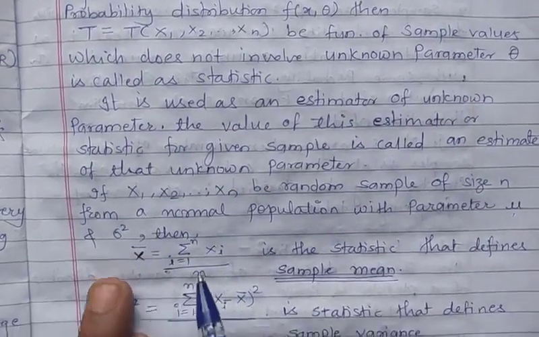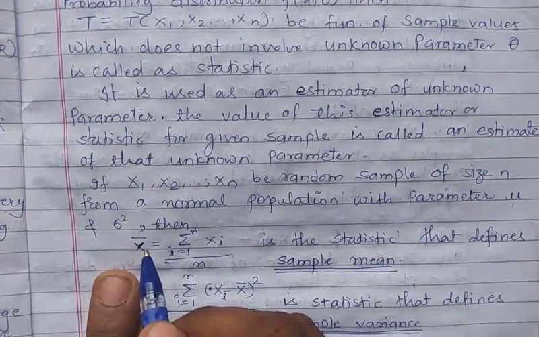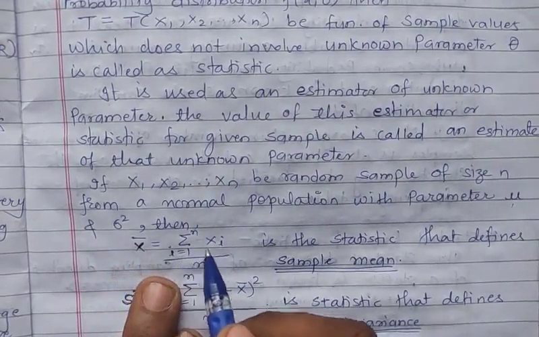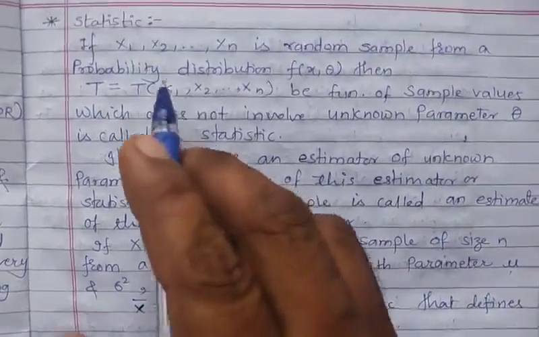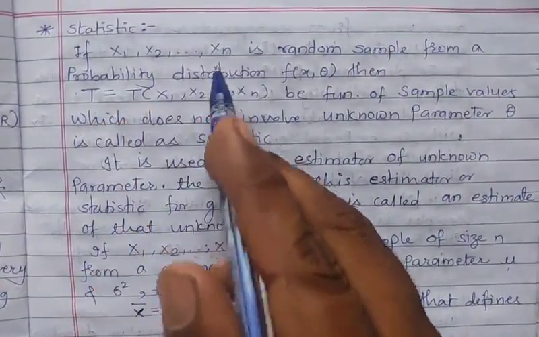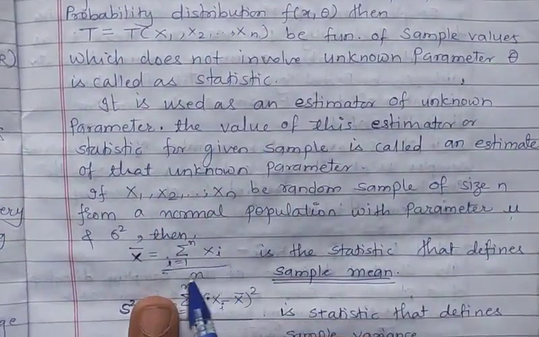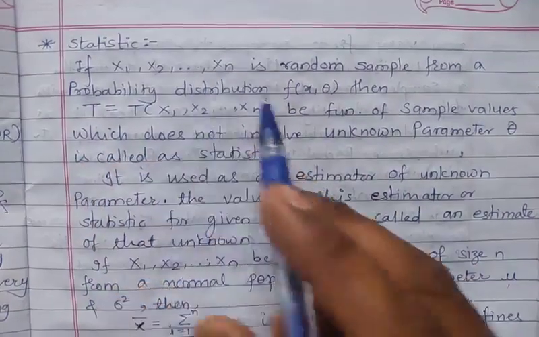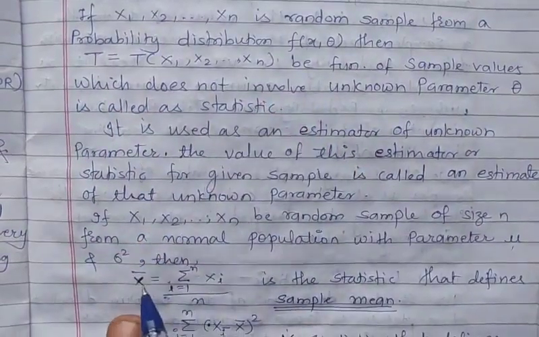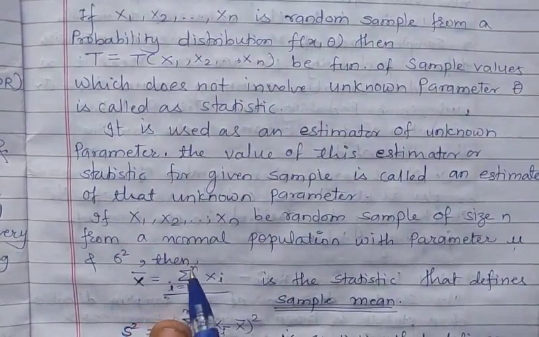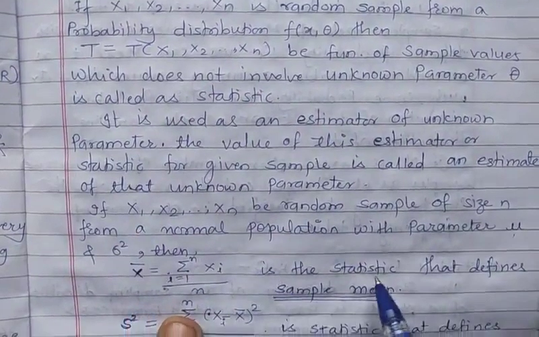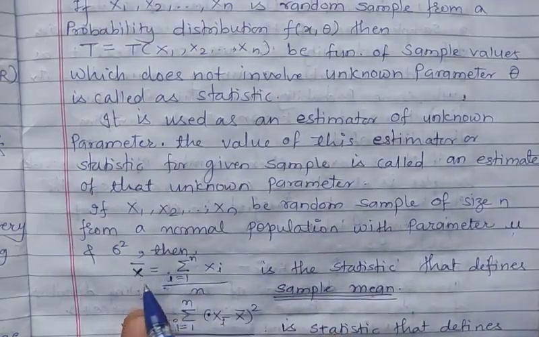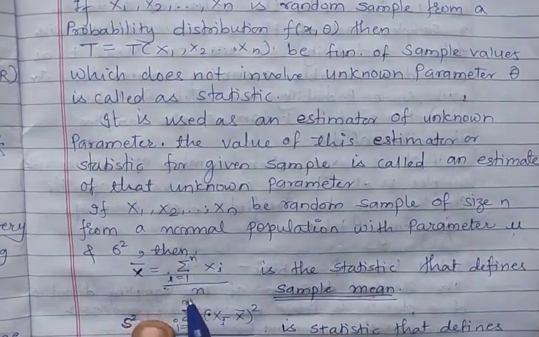Then we can define x bar as the summation i from 1 to n of xi divided by n, the total number of samples. This is the average. X bar is the statistic that defines the sample mean.